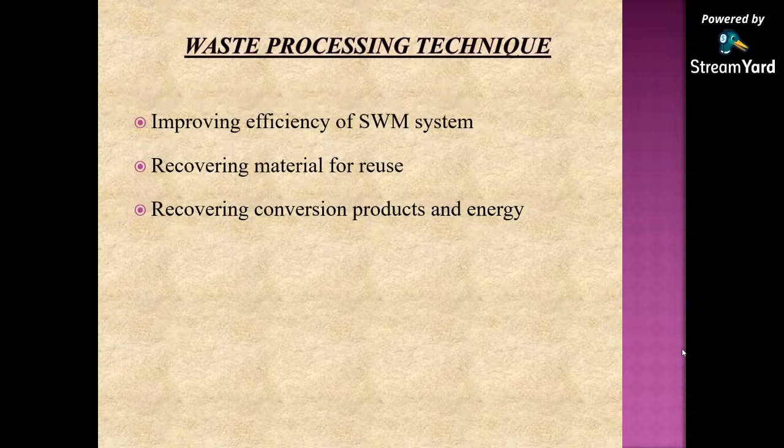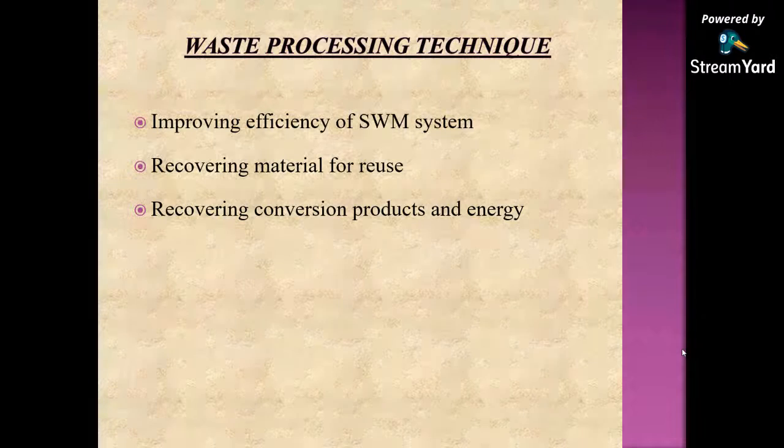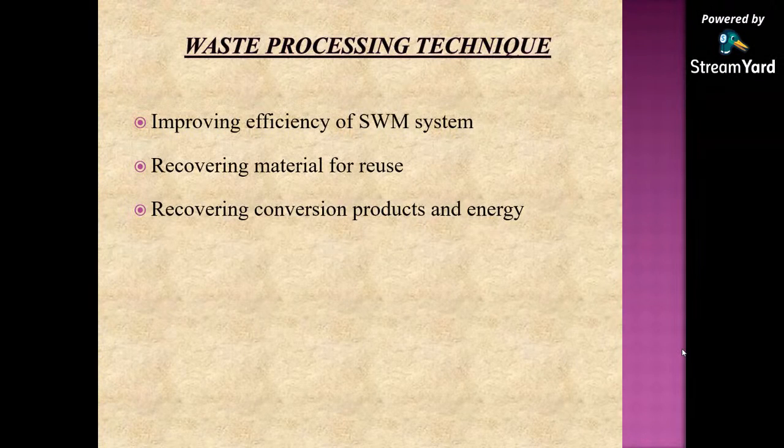The next technique is recovering conversion products and energy. Combustible organic materials can be converted to intermediate products and used as usable energy. This can be done through incineration, pyrolysis, composting, or biodigestion.